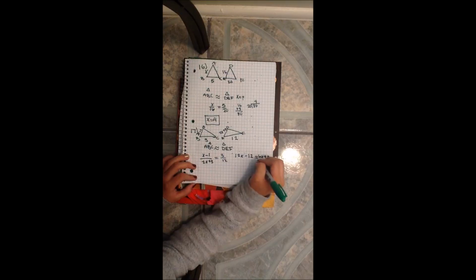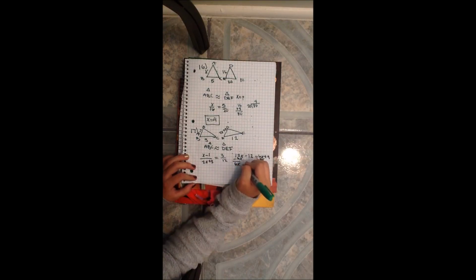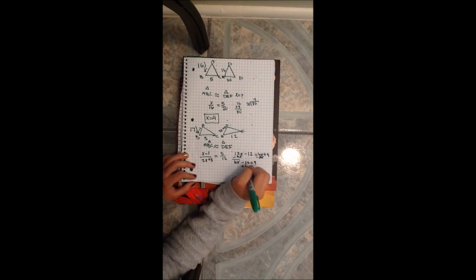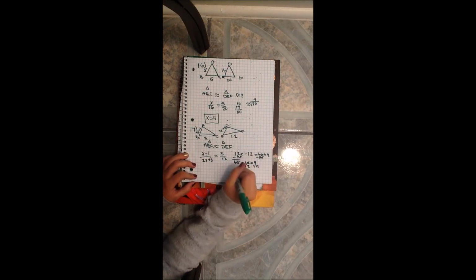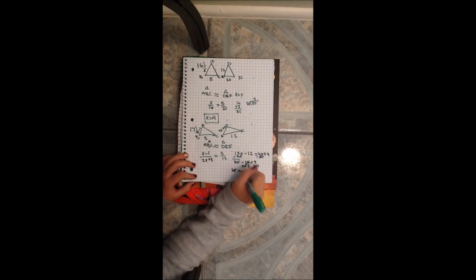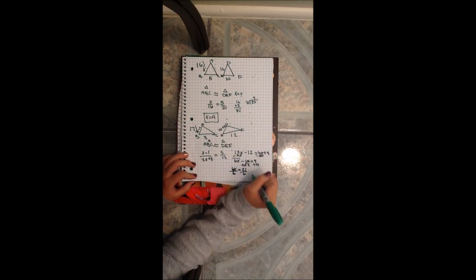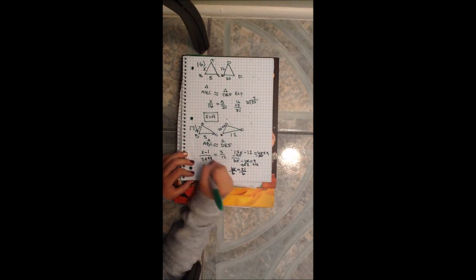And then you get rid of this, minus 6x over here is 6x, and then minus 12 equals 9. So you have to get rid of your 12, so add 12, cancels out, and then add 12 over here as well. So you get 6x equals 21. So now isolate x by dividing by 6. This one cancels out and divide this by 6. So x equals 21 over 6.